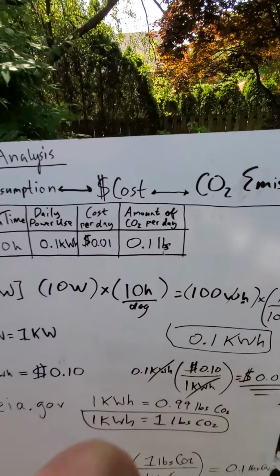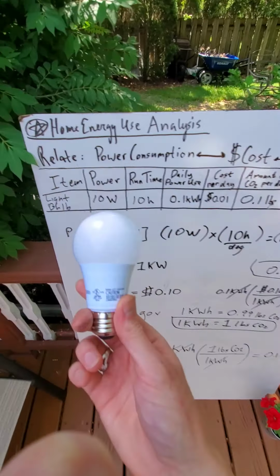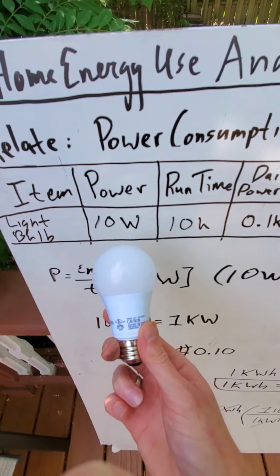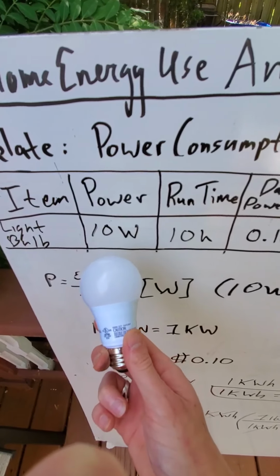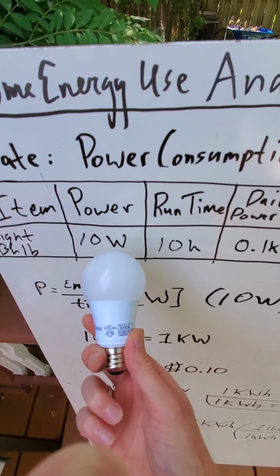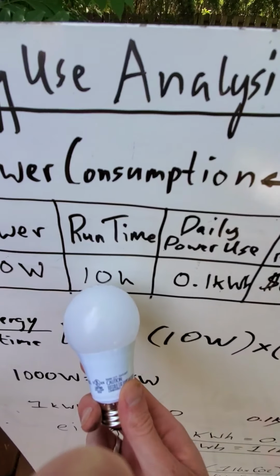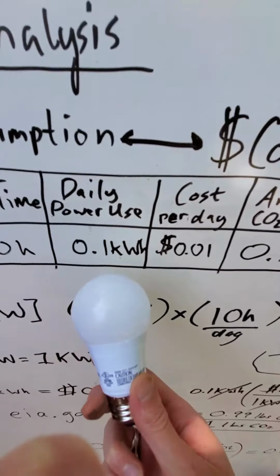All right, so we have this bulb, and it takes about 10 watts to make it light up and produce the light we need to see at nighttime. And if we run it 10 hours through the night, it's going to use 0.1 kilowatt hours of energy. And it's going to cost us 1 cent every single day.